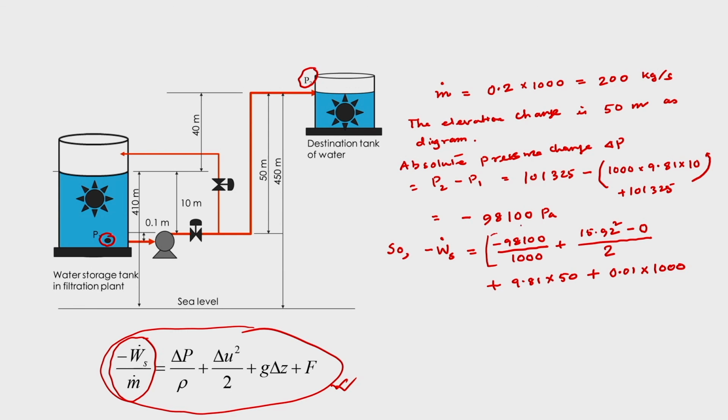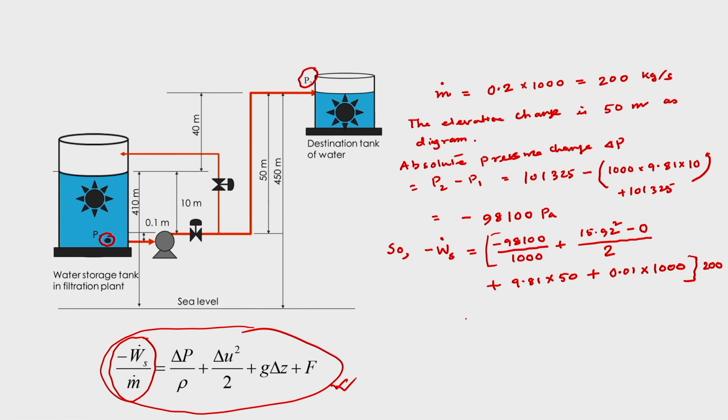After that you multiply by the mass flow rate m dot, which is 200 kg per second.